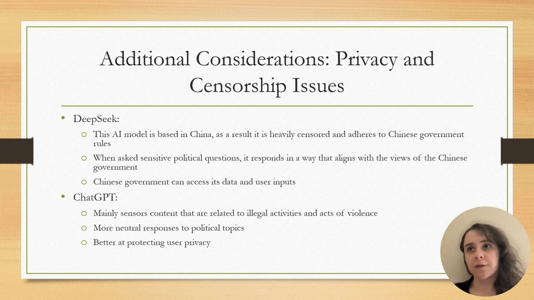Also, whenever it's asked a question, it will respond in a way that the Chinese government would want it to respond. For ChatGPT, that's less of a case. It's more neutral and it's better at protecting user privacy. Mainly, it will censor content related to illegal activities or acts of violence.